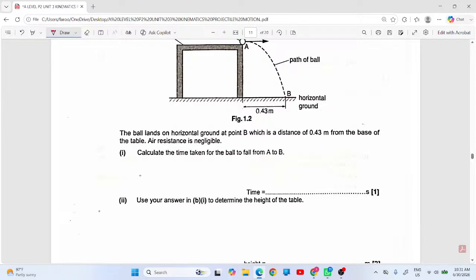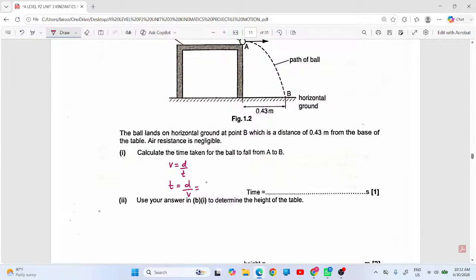You have to find the time from A to B. Speed equals distance over time, so time equals distance over speed.